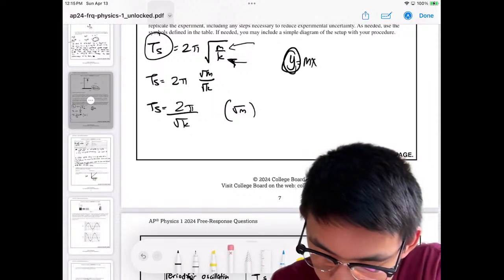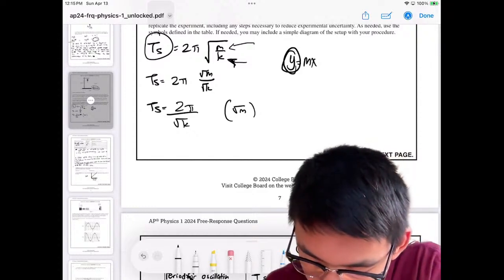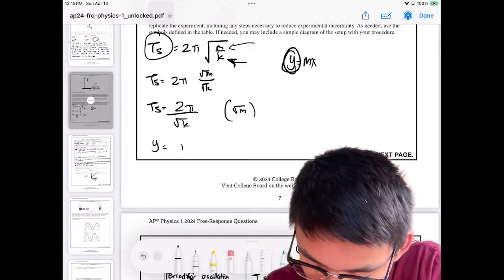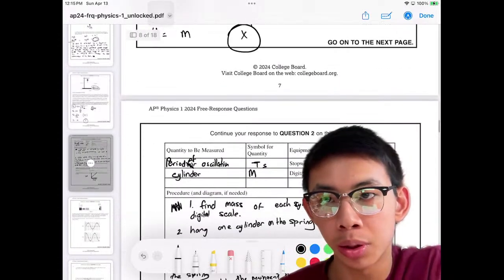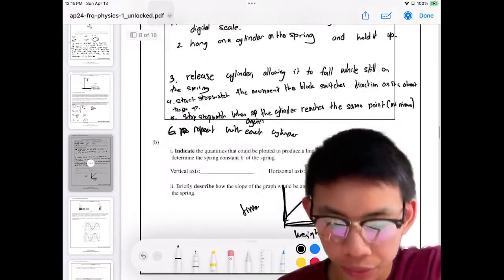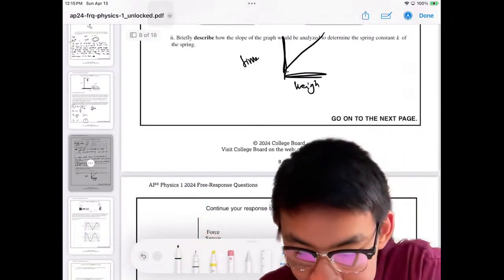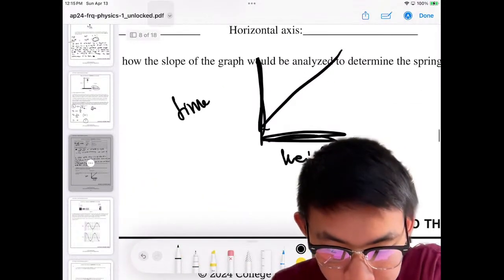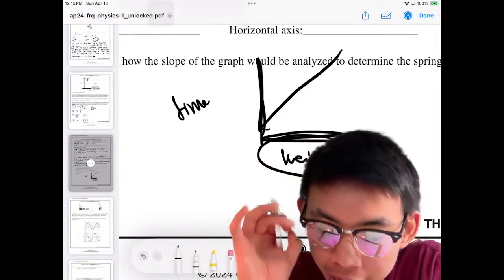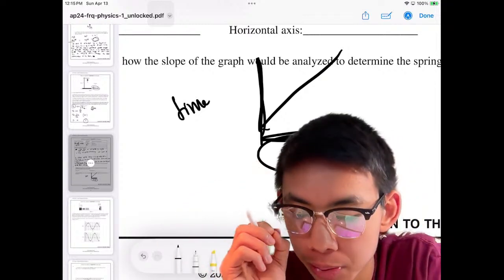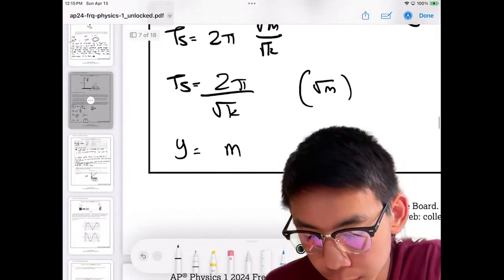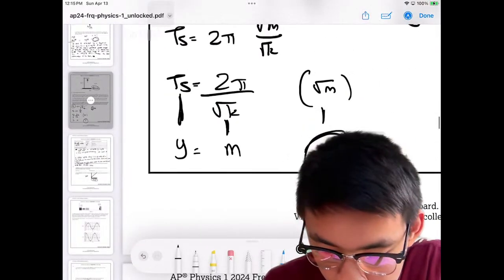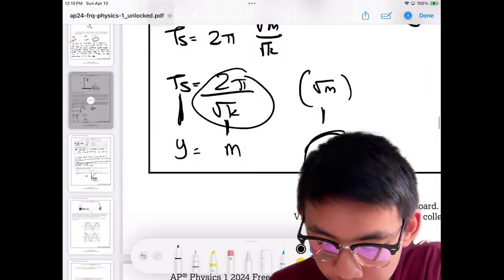If I do this y equals mx type of thing, my x-axis is going to be my independent variable, because that's the thing I can change. That's the weight I can change. And my dependent variable is going to be my time. That's the thing I'm measuring, and that's going to be my y-axis. So my slope will be this quantity right here.